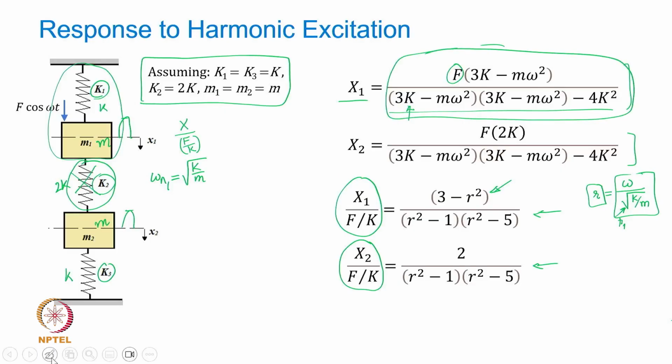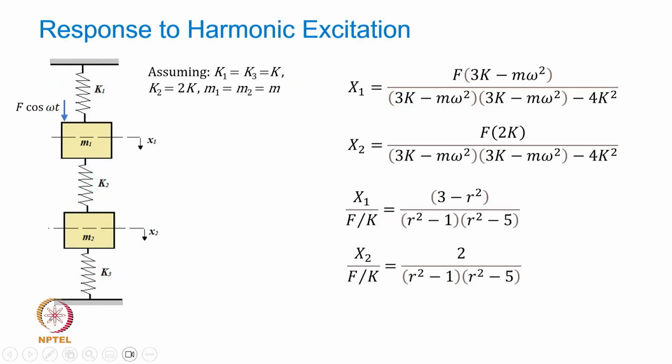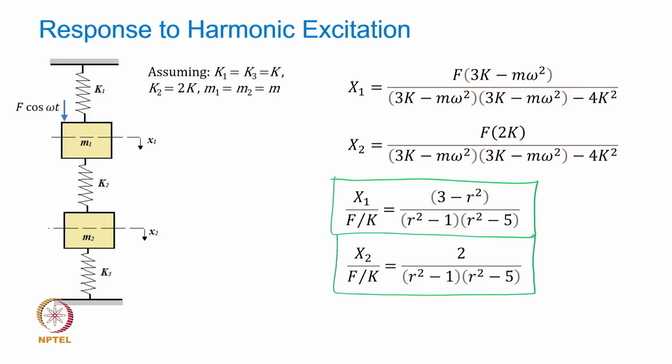So the intermediate steps are all now excluded, just to focus on the response feature. So this is what I get as the dimensionless response of mass m1 and of mass m2 in terms of the frequency ratio. You remember, for the single degree of freedom system, x over xst, which is F over k, for the undamped case was given by 1 over 1 minus r square.